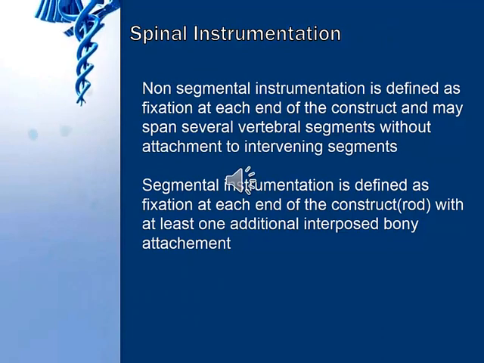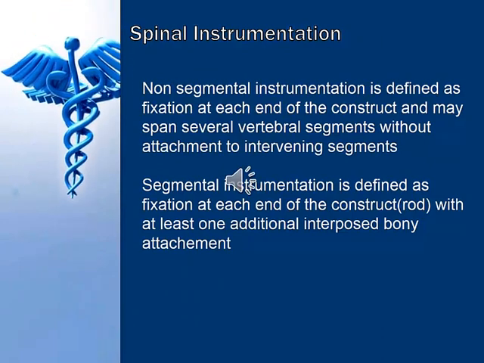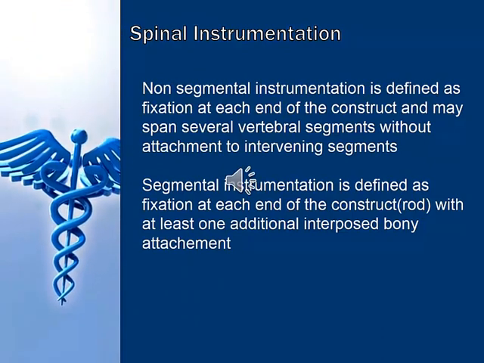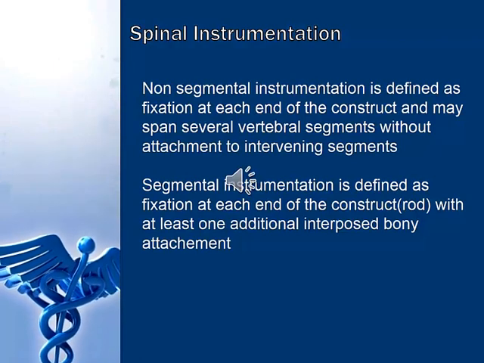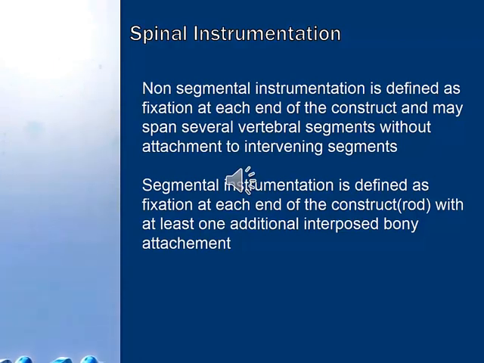Instrumentation. Non-segmental instrumentation is defined as fixation at each end of the construct and may span several vertebral segments without attachment to intervening segments. So if you look at code 22840, you will see a picture right under it of what a non-segmental instrumentation looks like.